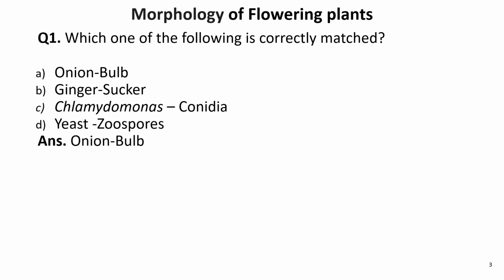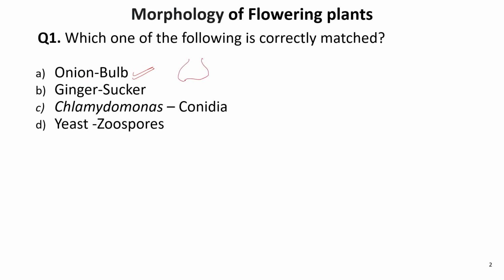Which one of the following is correctly matched? Onion matched with bulb. Ginger matched with sucker. Chlamydomonas with conidia, and yeast with zoospores. So onion rises from the bulb.